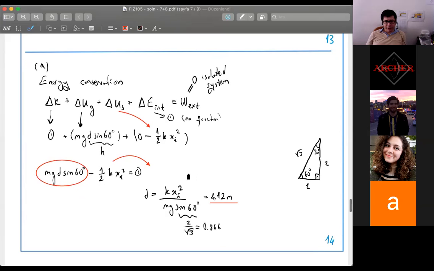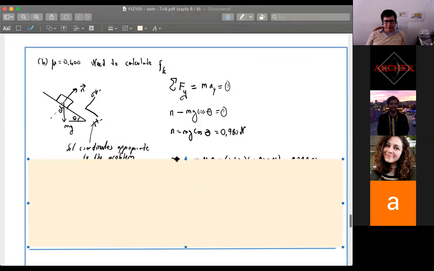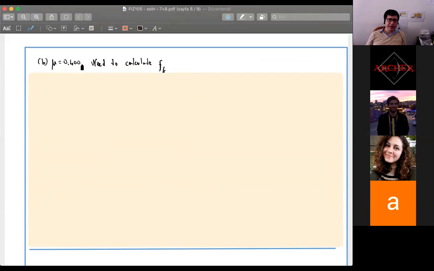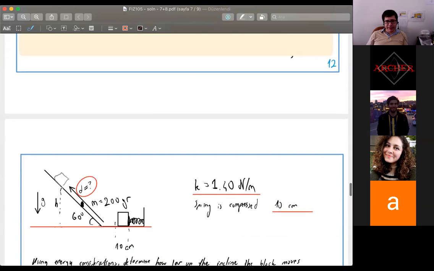Okay. Next part is to do the same calculation when there is friction, kinetic friction. In that case, we need to calculate the kinetic friction force, which will do work on the object as it travels this distance of d.